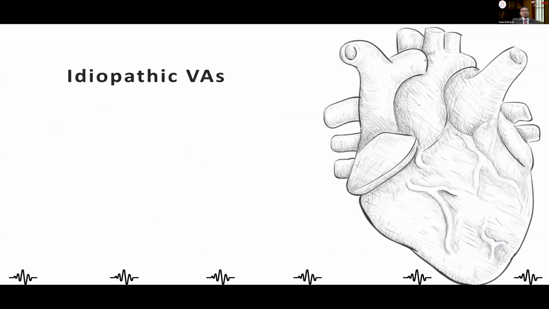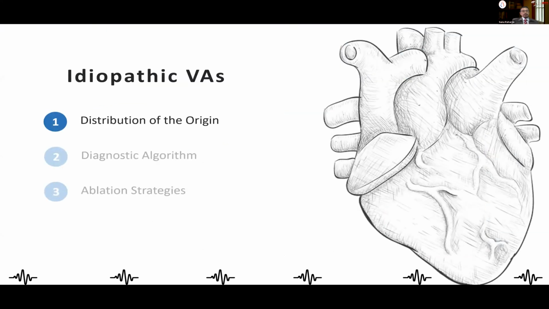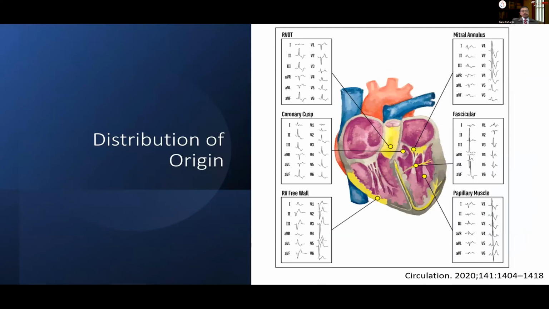Now we will look at the distribution of the origin of ventricular arrhythmia. This paper beautifully shows us the origin of idiopathic ventricular arrhythmia in both the right ventricle and also the left ventricle. In the right ventricle, the majority are from the right ventricular outflow tract, and then also a few percent in the right ventricular free wall, while in the left ventricle we could find them in the mitral annulus, the fascicular or ILVT, and also papillary muscle, and also some of them from the coronary cusp.